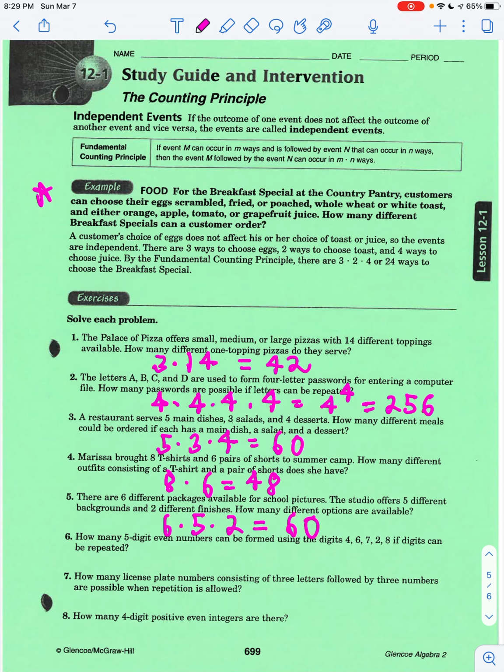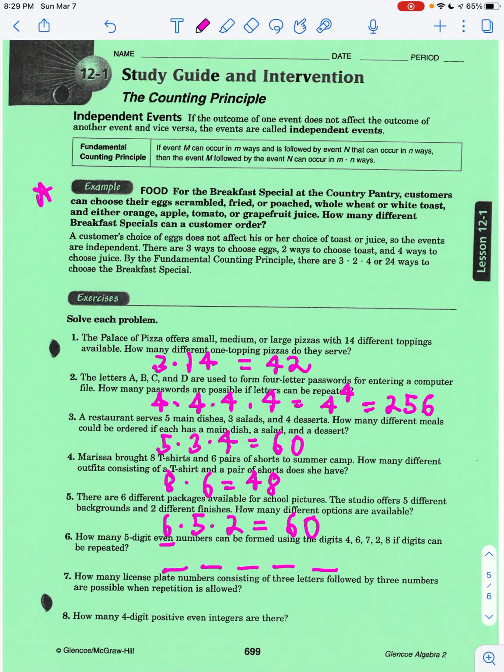Number 6 is a little more interesting. It says, how many 5-digit even numbers can be formed using the digits 4, 6, 7, 2, and 8 if digits can be repeated. I like to use blank lines to kind of represent the 5 digits. And it says how many 5-digit even numbers. What that means is the last digit has to be even. And if I look at my choices, all but 1 are even digits.